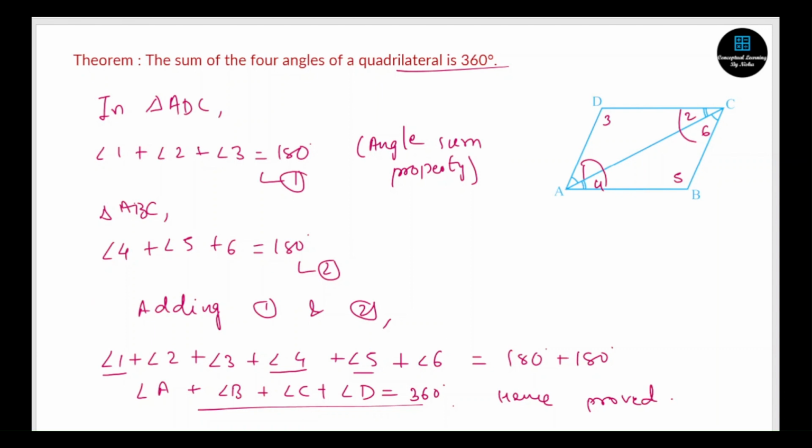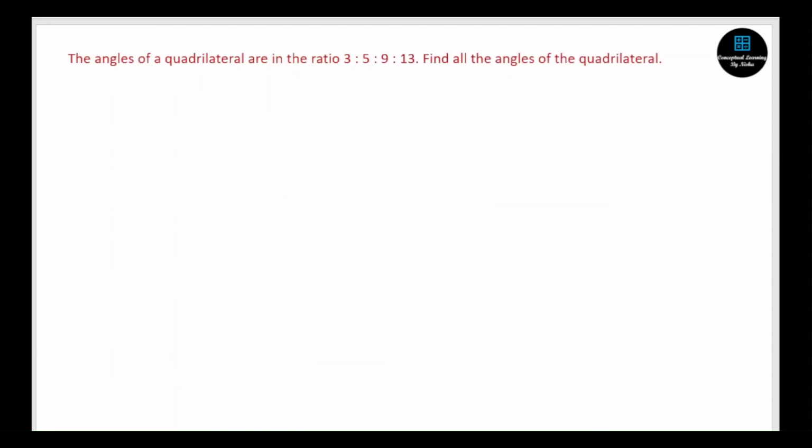Now let's take one question based on this. Now here we are given a quadrilateral and the angles are in the ratio 3 to 5 to 9 to 13, and we have to find all the angles of the quadrilateral.